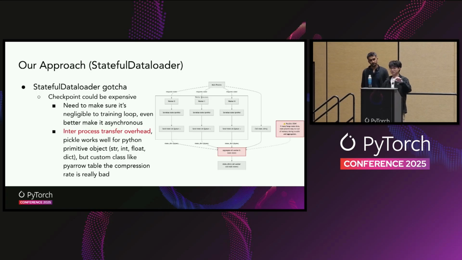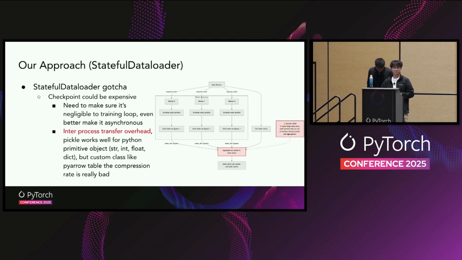Behind the scenes, every worker will gather the states from itself and then do inter-process communication back to the main process. So every state here has to be picklable, and it also introduces some memory overhead. If you think about pickling an arbitrary object in Python, the size can be large if it's a non-primitive type.